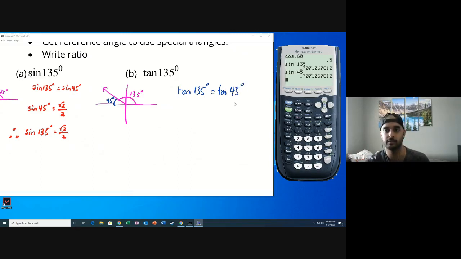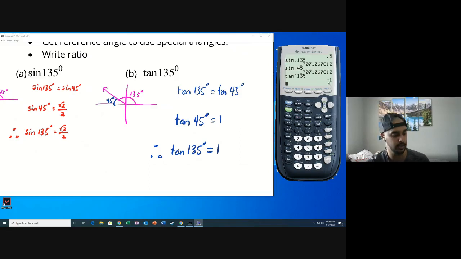Tangent 45 degrees. I need to take root 2 over 2 and divide it by root 2 over 2. Tan of 45 is going to give me 1. So tan of 45 degrees equals 1. Therefore, tan of 135 degrees also equals 1. Check it out.